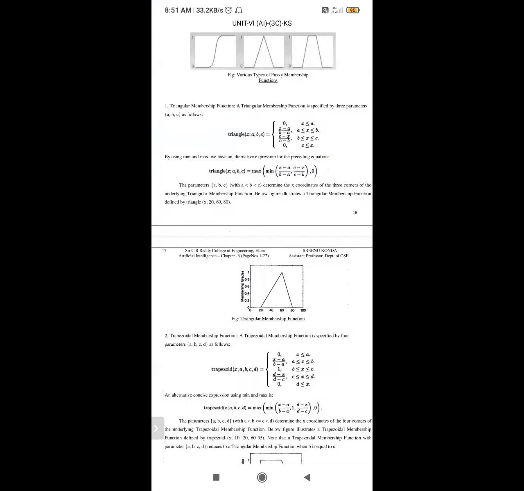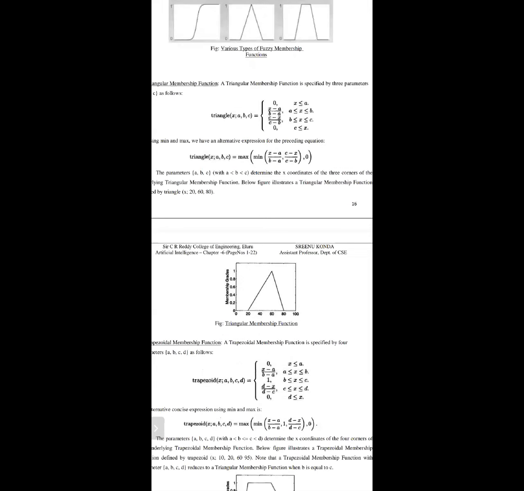Now we can draw the membership function like this. So this is how to draw the triangular membership function.